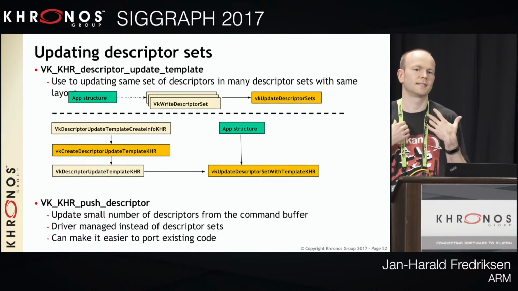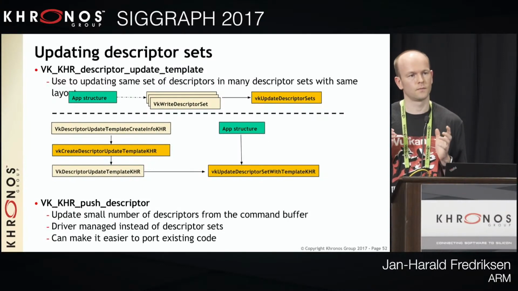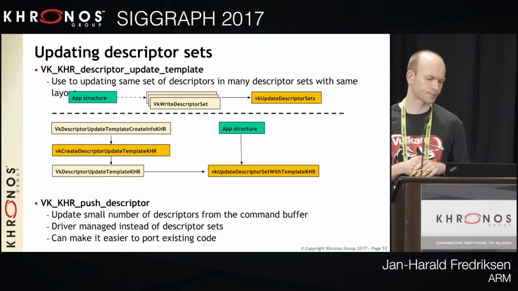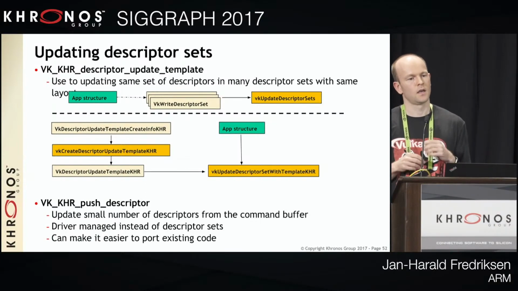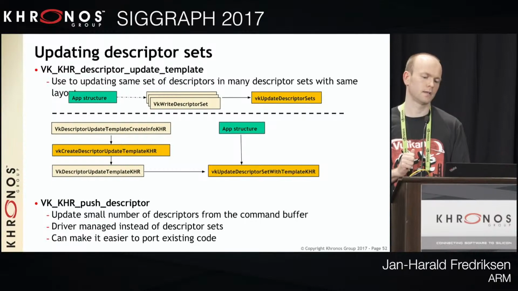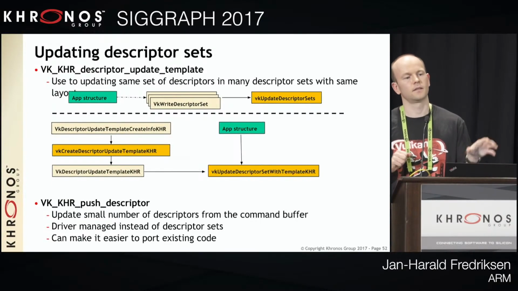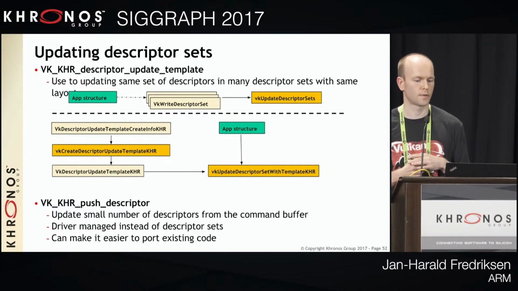But if it's the same set of things that you update very often or every frame, it may be possible to do things more efficiently if you just bake that information once. The update template lets you do that by setting up all your offsets and number of descriptors once. You store that template, and then you can pass that in with your application-specific structure, and the necessary copies happen as part of that.